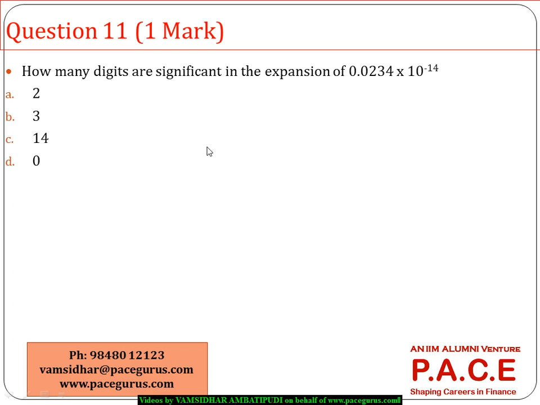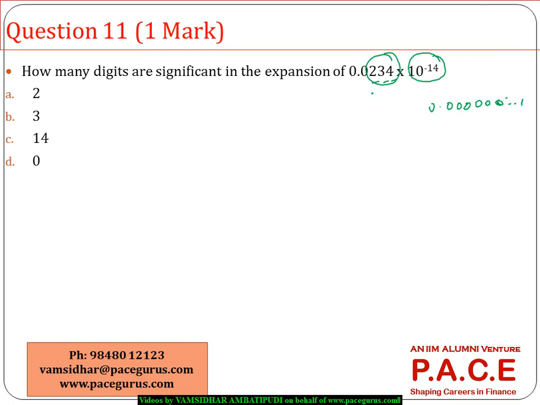So what I can simply take is, here we have 0.0234. So apart from 0, we have 3 digits. And 10 to the power of minus 14 is nothing but multiplication by 0.00000001, so 13 zeros and a 1.